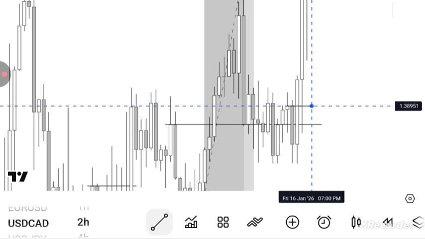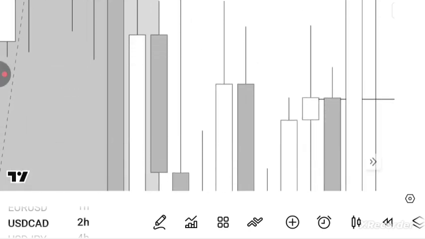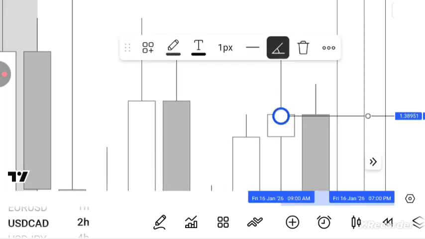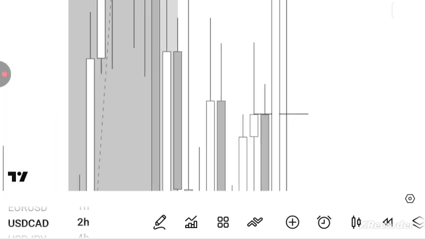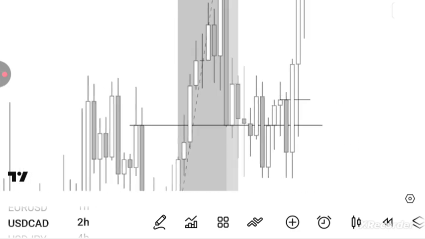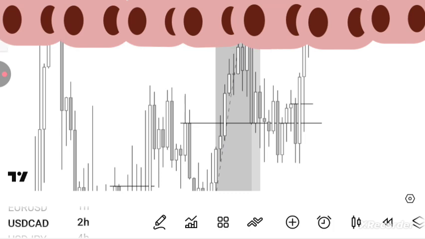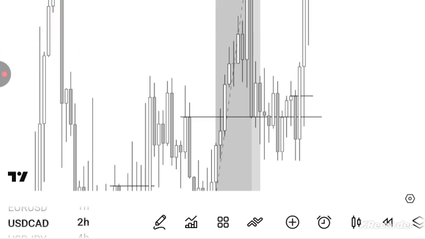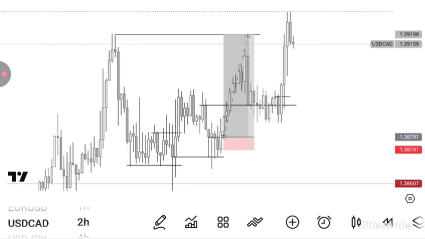I'm just sharing my personal thought process, right? This is my personal thought process on what USDCAD did last week. Price later broke above that level after trying multiple times to break this high. Then what did we see price do?